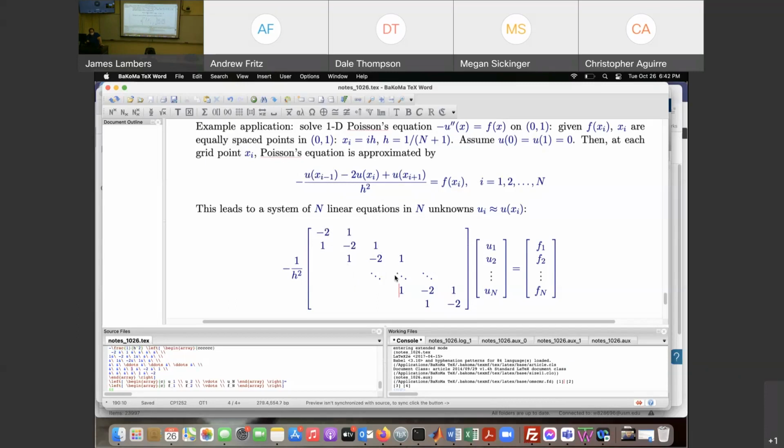I multiply this matrix by a vector of values, and that approximates the appropriate derivative. So here we get minus u double prime, approximately anyway, is equal to f. This example shows how these finite difference formulas lead to solving differential equations by setting up systems like this one to solve.